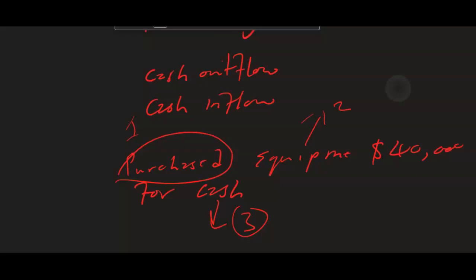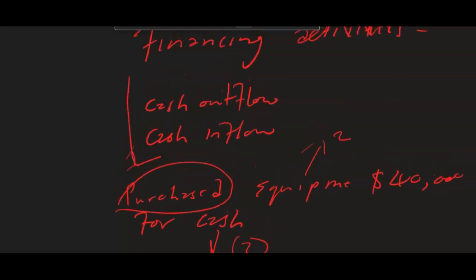So now you ask yourself, under this statement, what does it mean on the cash flow, inflow or outflow? You know that you are removing money out of your pocket or out of the business. So that means this is a cash outflow. Cash outflow means you've removed money.